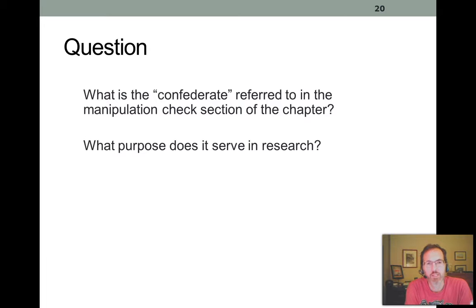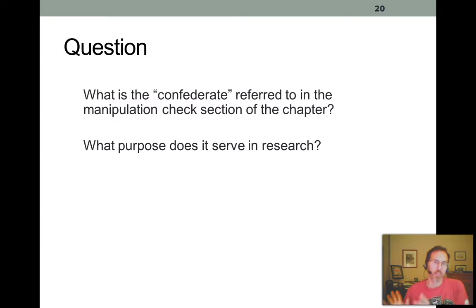So one person asked, what is the confederate referred to in the manipulation check section of the chapter? I didn't go back to the chapter here because I know what a confederate is, and I hope I'm using it correctly. A confederate is somebody who's working with the experimenter. The subject probably does not know that. So the subject, let's say, enters a room, and I'm the experimenter. I say, hello, I'm Professor Graf, I'm running this experiment, and you're going to run this experiment along with this other person.